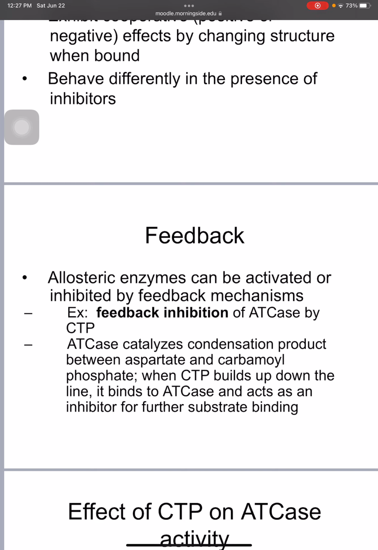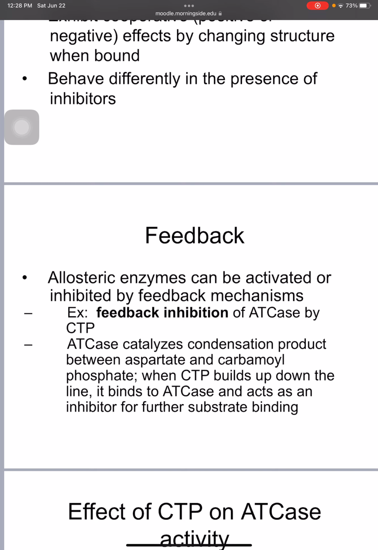All right, so we can see examples of allosteric effects here. CTP, like I said, is one of the touchstone products in between the original starting point of aspartate and carbamyl phosphate, and ultimately synthesis of nucleic acids.